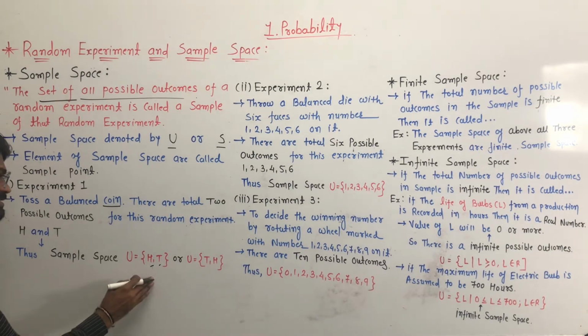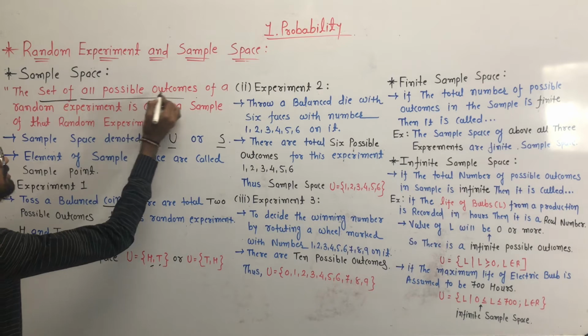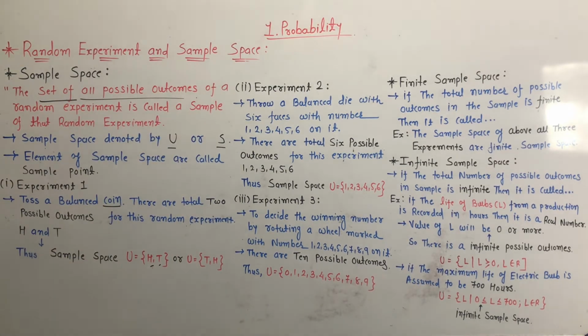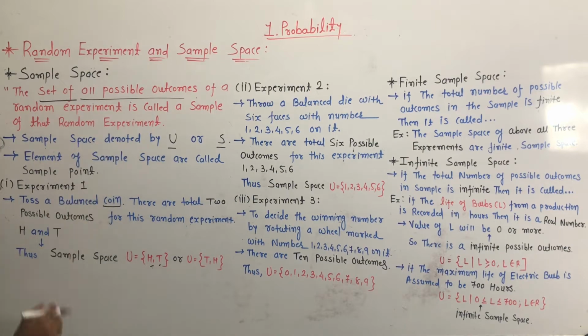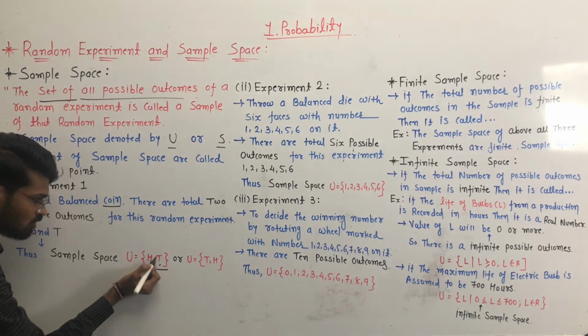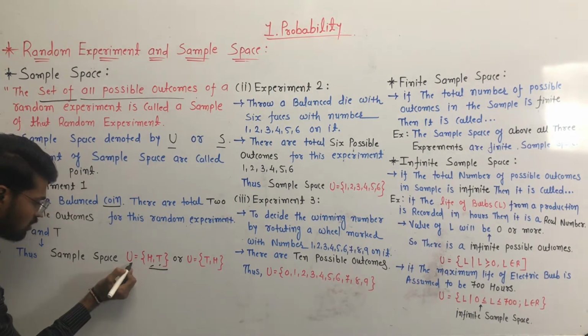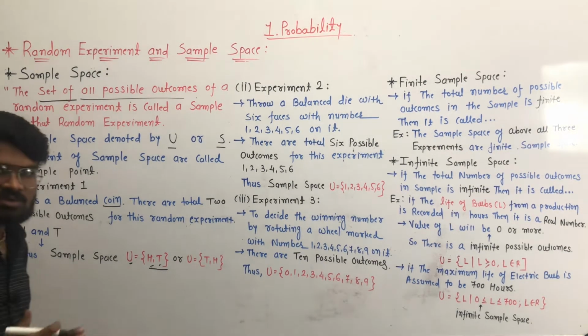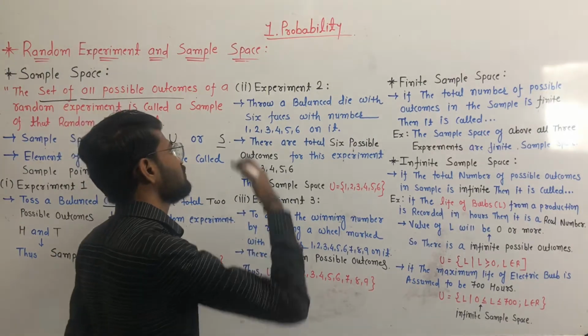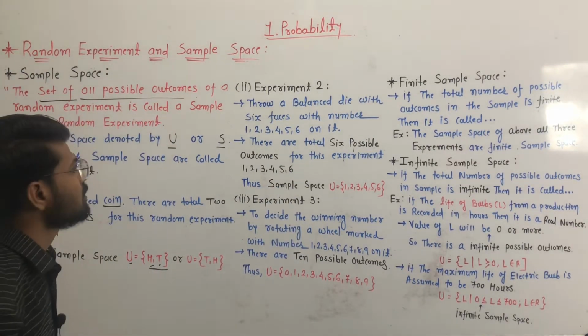The set of all these possible outcomes is called the sample space.